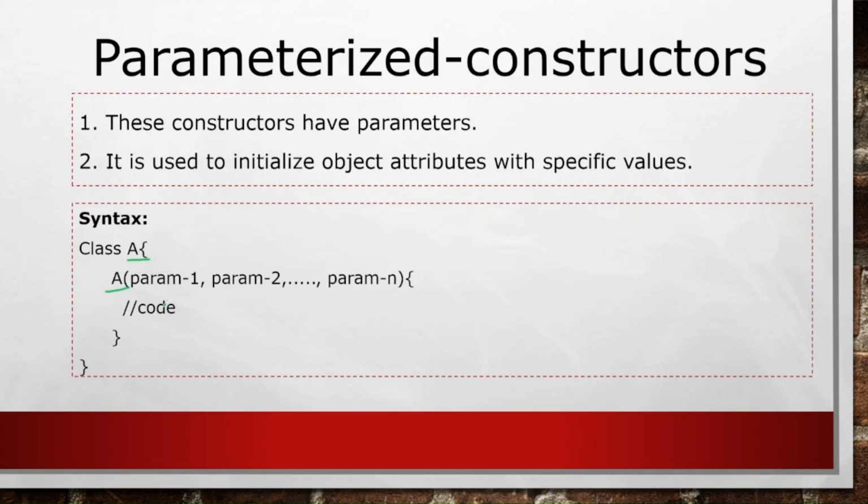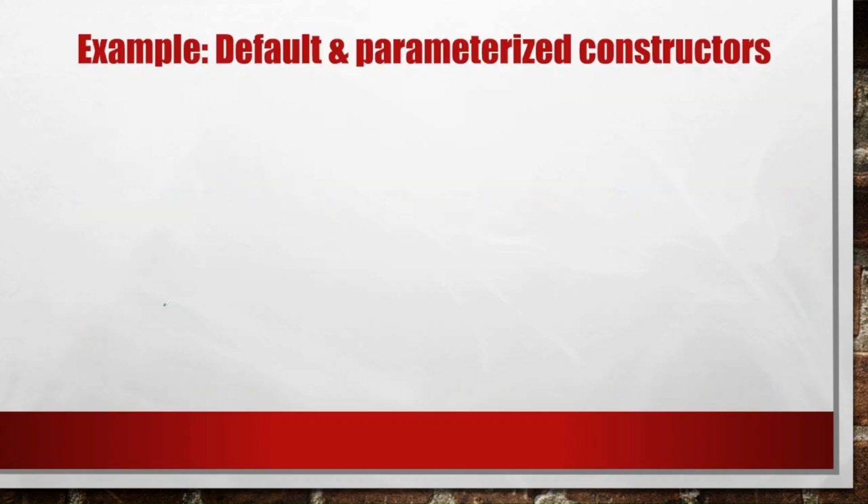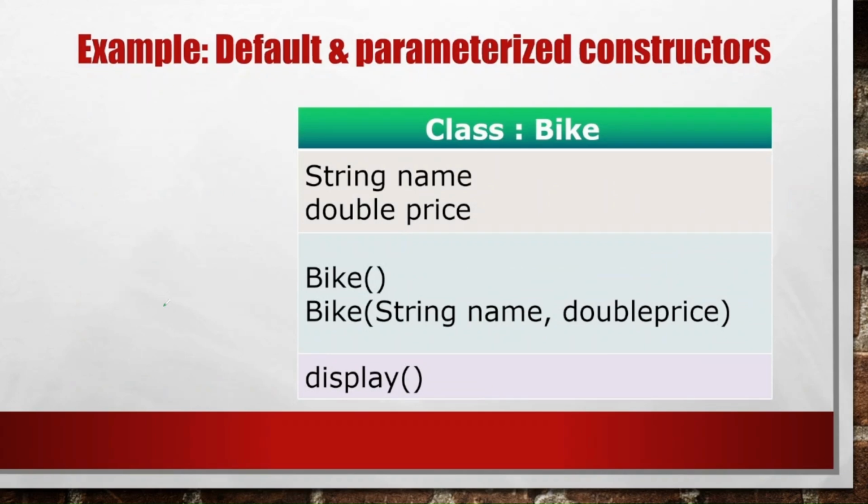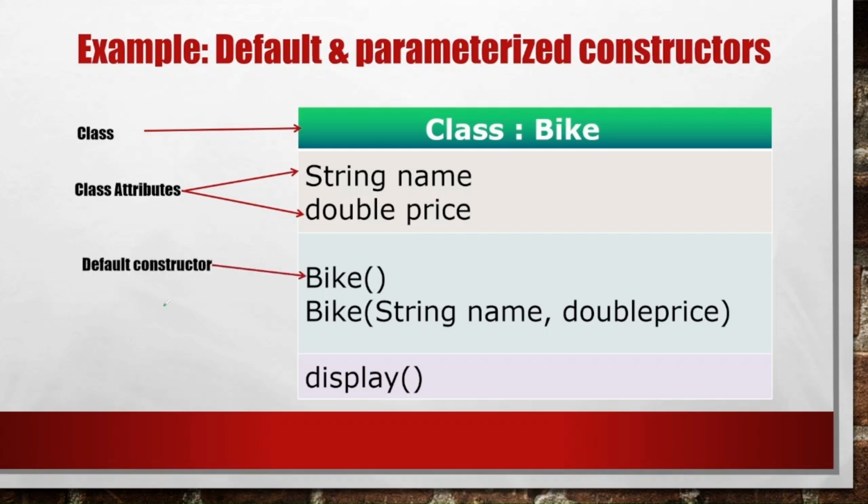Here we will see an example of how we can differentiate between the default constructor and the parameterized constructor. Here it is a class Bike. There are two class attributes, a string name and a price, the bike name and bike price. Here there are two constructors.